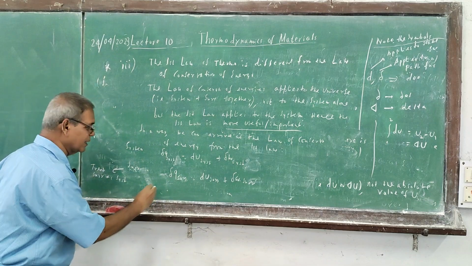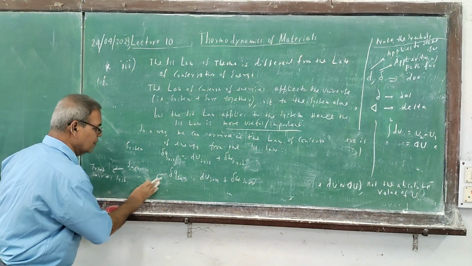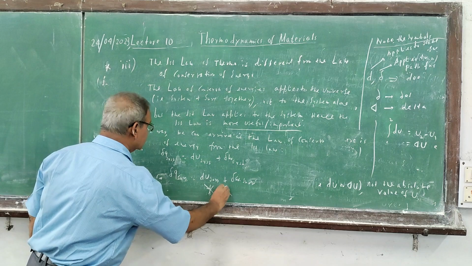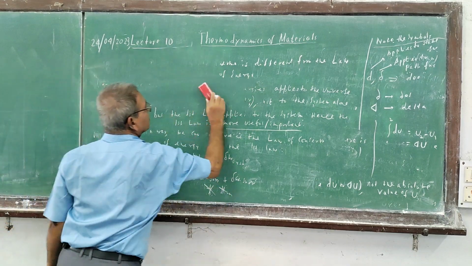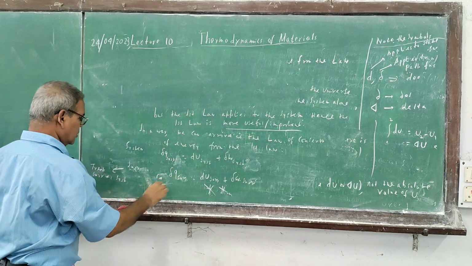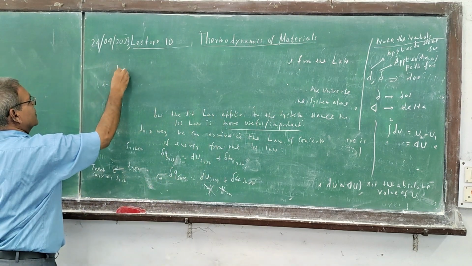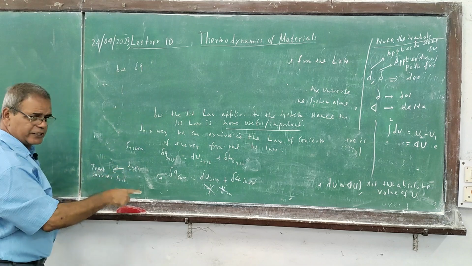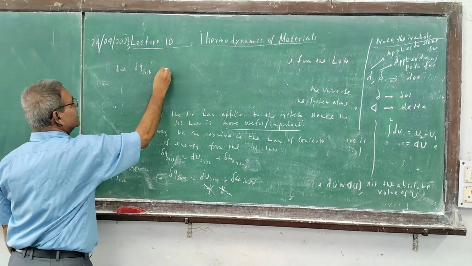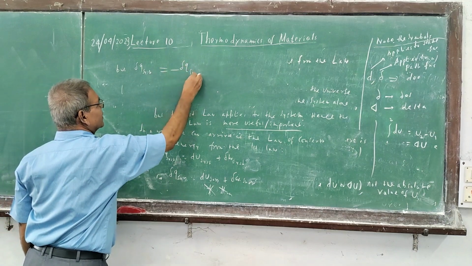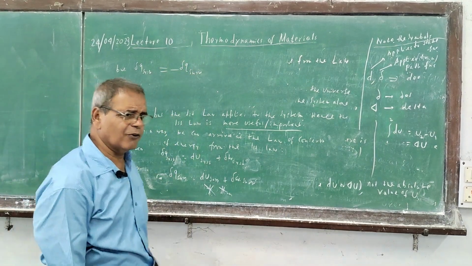Now, dq system is minus dq surrounding. This is easy to follow. Why?